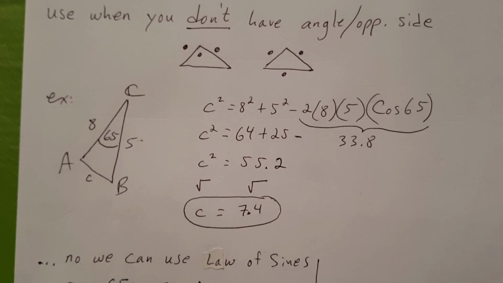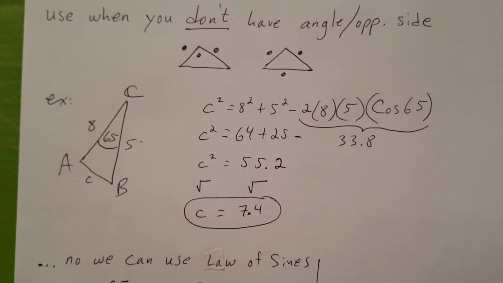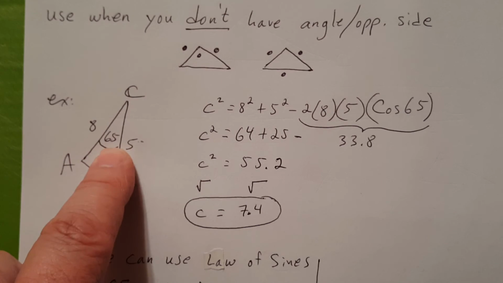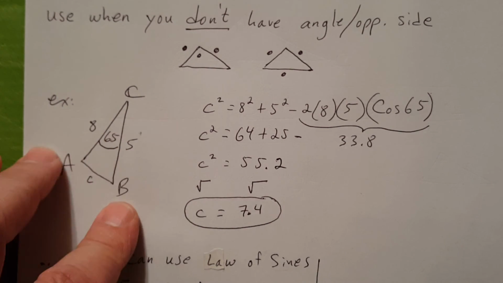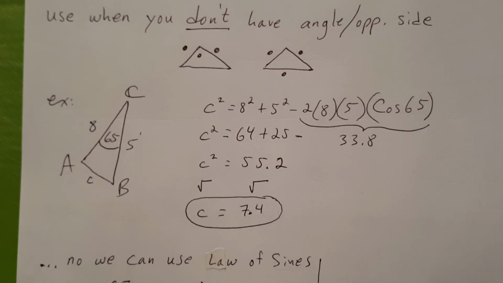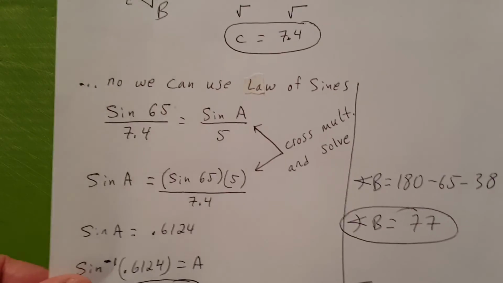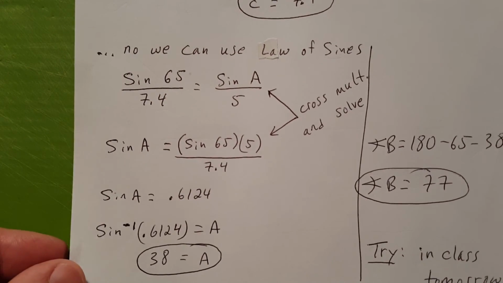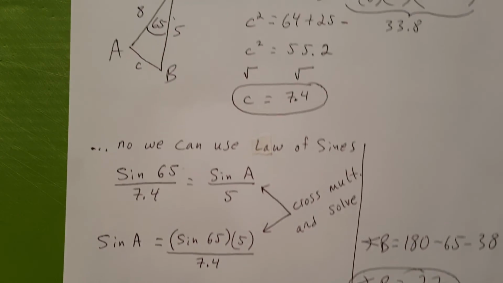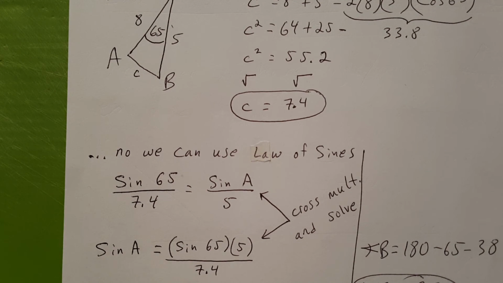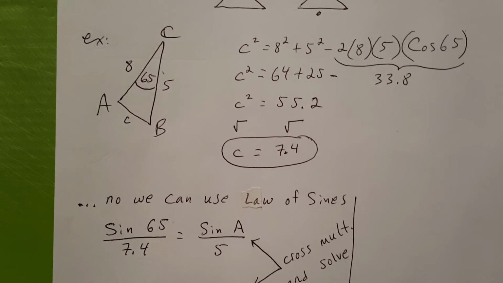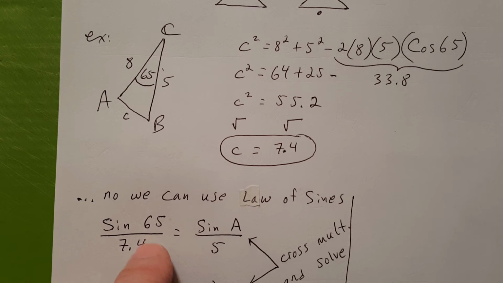Now, let's find the angles. Well, I already have angle C, so which should we do first? Angle A or angle B? It doesn't matter. Now we can use the law of sines. Why can we use it now and not before?